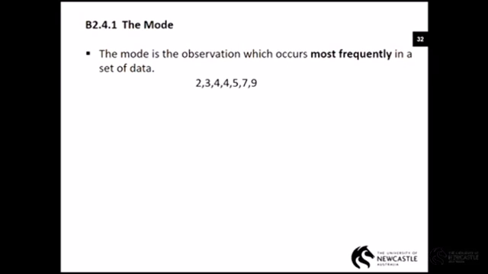I've got two 4s, but one of everything else, so the mode is 4. In that set of data, 4, 4, 5, 6, 7, 7, 7, 4s happen more than 5 and 6, but 7 is the mode. Again, it's which one beats all of them. There are three 7s and nothing else has three of them. Mode is 7.